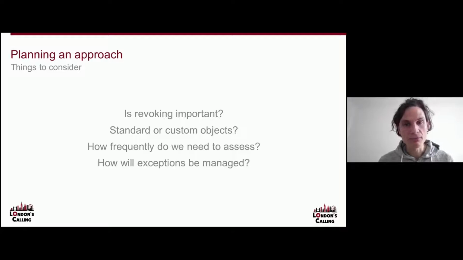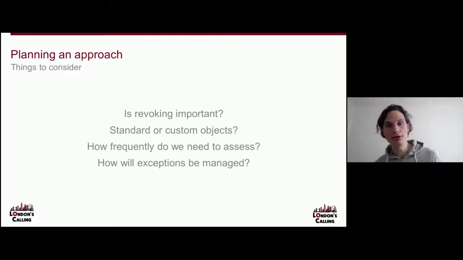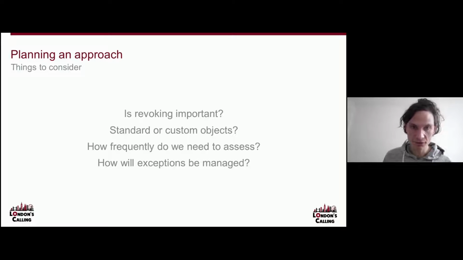Secondly, we have additional considerations that we need to apply depending on whether we're working with standard or custom objects. And the biggest difference really between working with these two is that the row cause, or Apex sharing reason, that I mentioned is only available for custom objects.